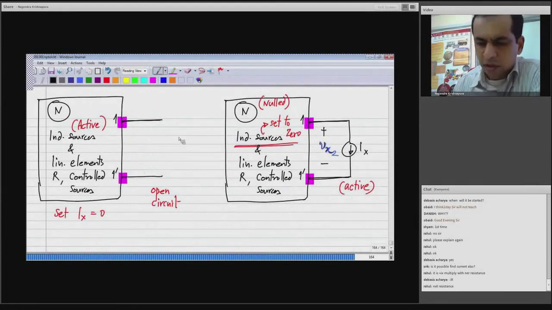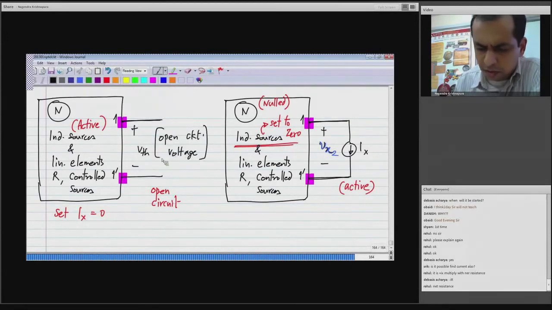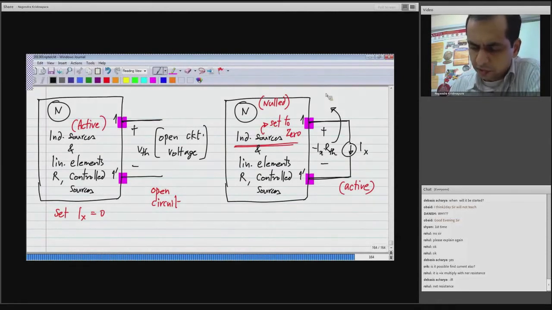So this quantity is what I called VTH, the open circuit voltage, and then here this quantity will be minus Ix RTH, where RTH is the resistance looking into 1, 1 prime.